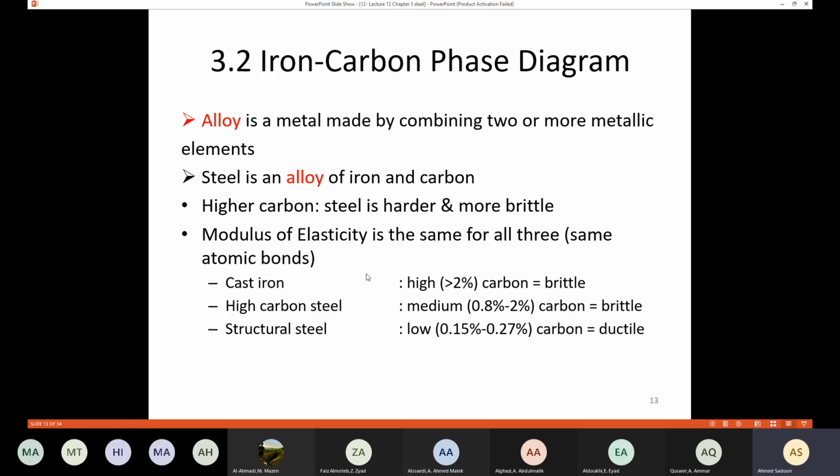But you need to remember that whatever the percentage of the carbon, the modulus of elasticity is the same for all three, because they have the same atomic bonds. So I'm always asked about this. So please remember that whatever the percentage of the carbon, the modulus of elasticity is going to be the same.